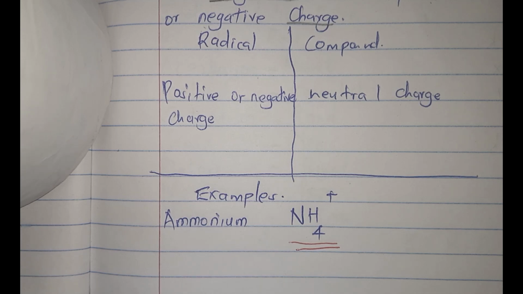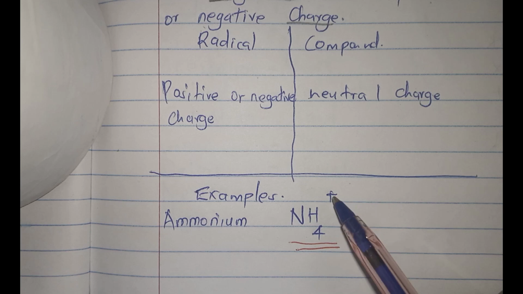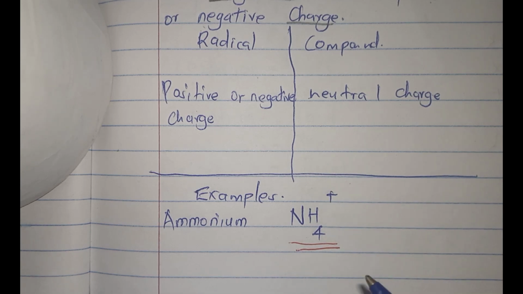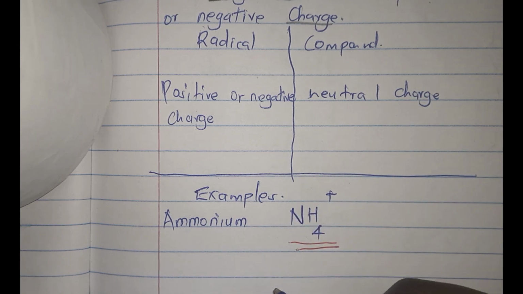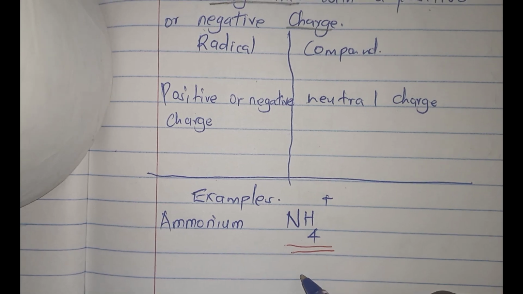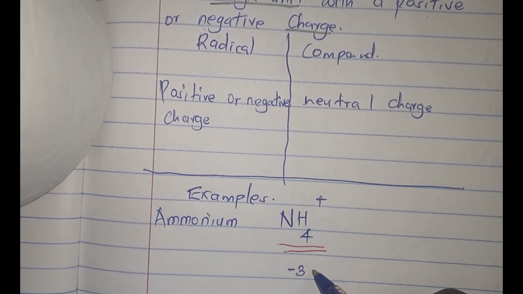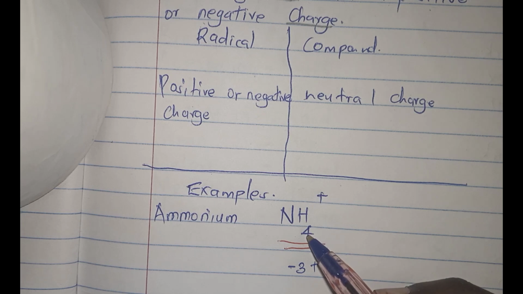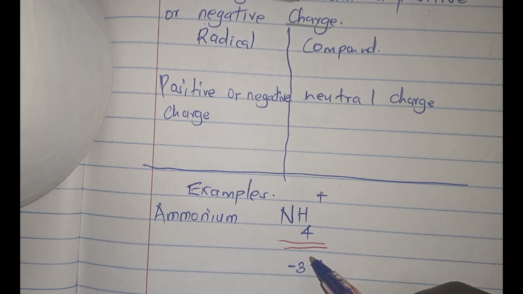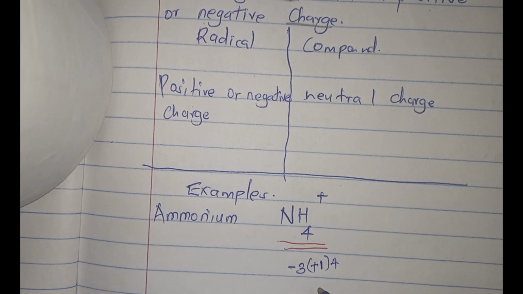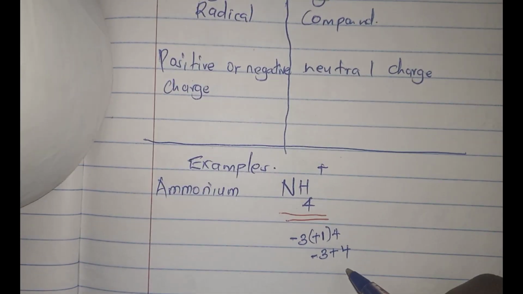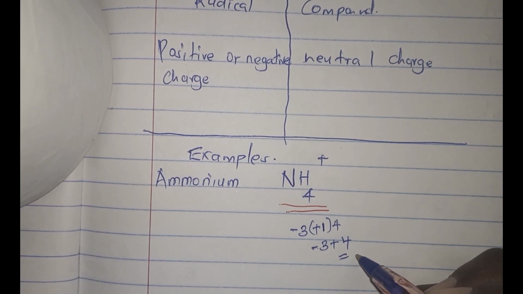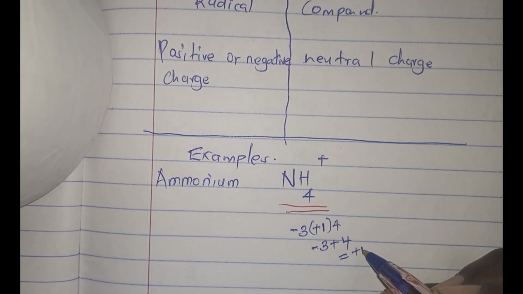Let us see how this positive charge comes about. The positive charge is for the overall radical. Remember, the valency of nitrogen is -3, and the valency of hydrogen is +1. There are 4 hydrogen atoms, so I multiply by 4, and this gives me -3 plus 4, which equals +1.